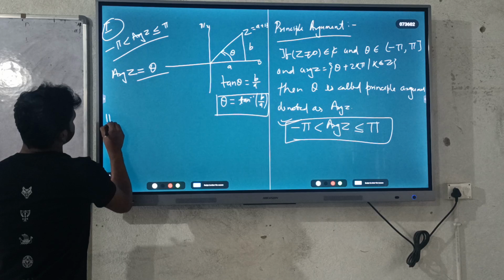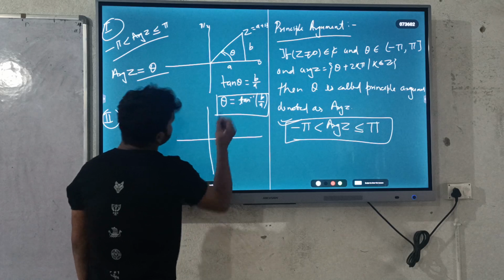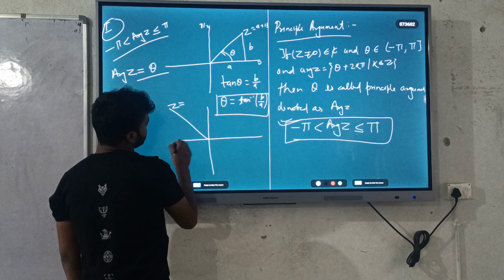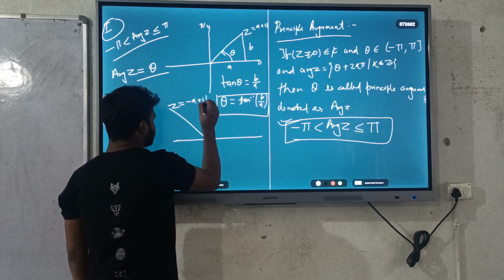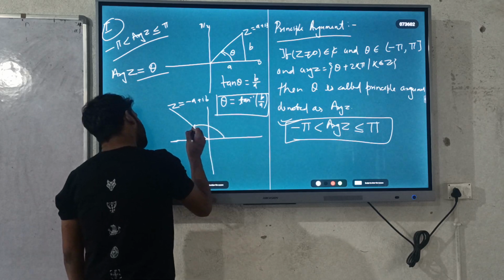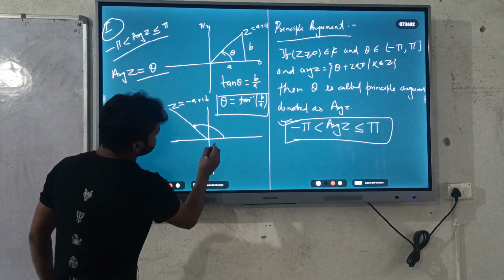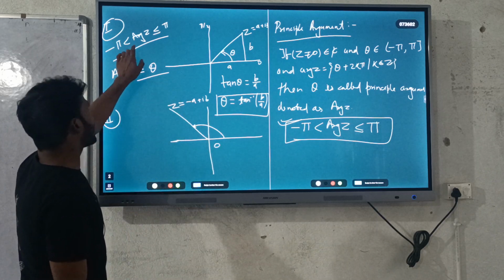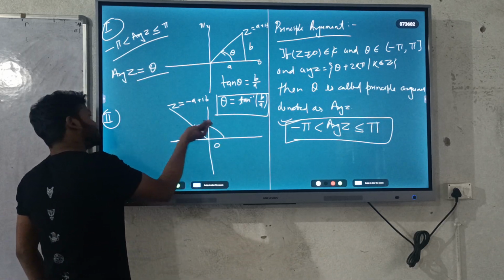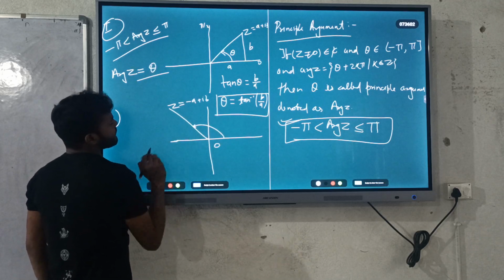In the second case, what if z lies in the second quadrant? Then the form of z is minus a plus ib. Now we want to calculate the argument value from the positive real axis to the line segment OZ, and if the argument value lies in minus pi to pi, then it is the principal argument. Since the angle must lie in this interval, we just need to calculate what this value is.